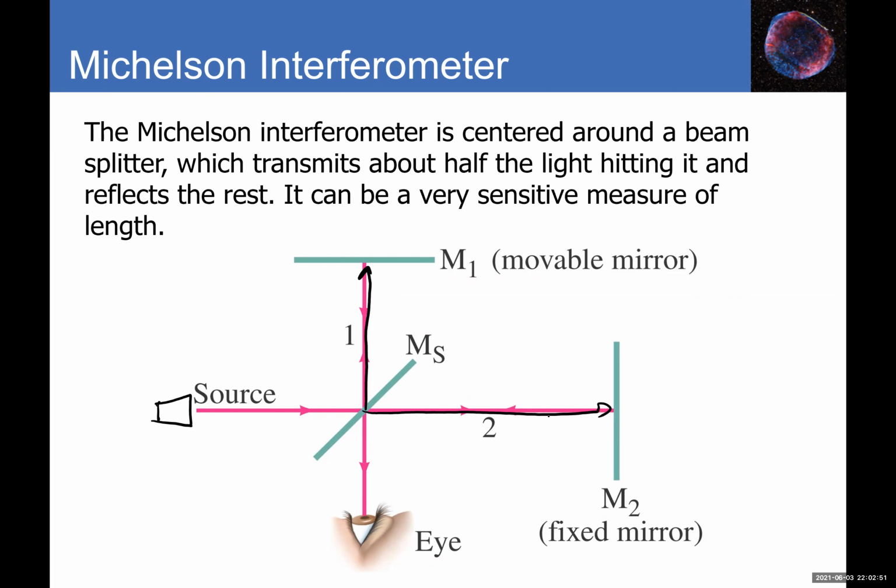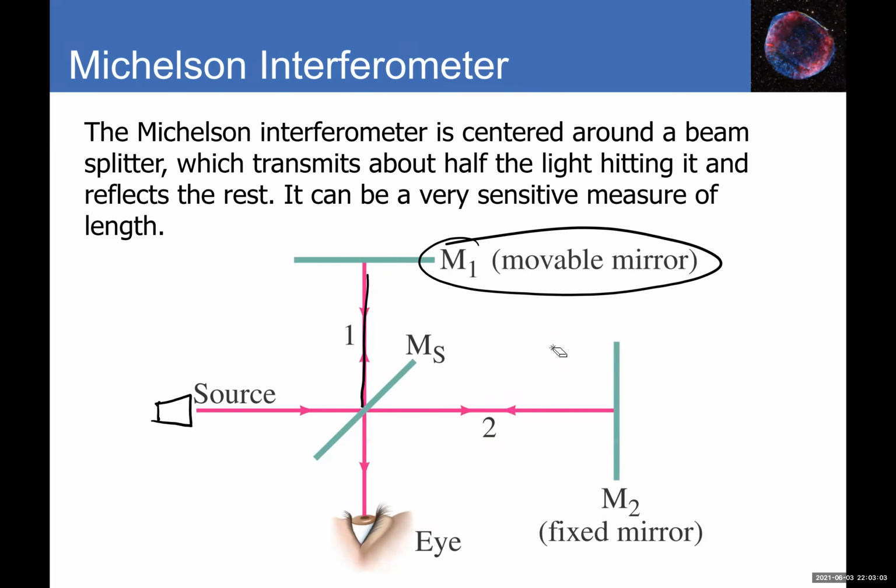Okay, that means the one that is reflected goes like this and hits some kind of a movable mirror. Okay, so then the light hits the mirror, and then reflects back. The same thing with the fixed mirror. It hits, and reflects back. And then those reflected lights will combine and move toward the observer.